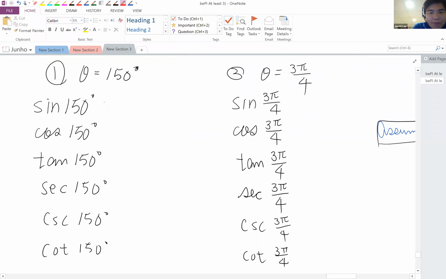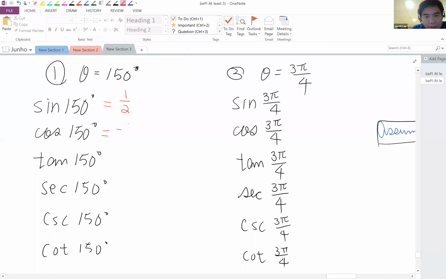So sine 150. 150 is 5 pi over 6. 1/2, right? Okay, what about cosine 150? Negative root 3 over 2.